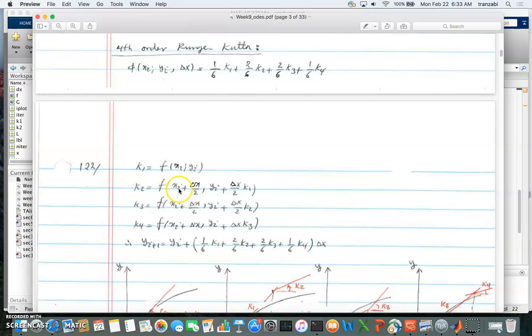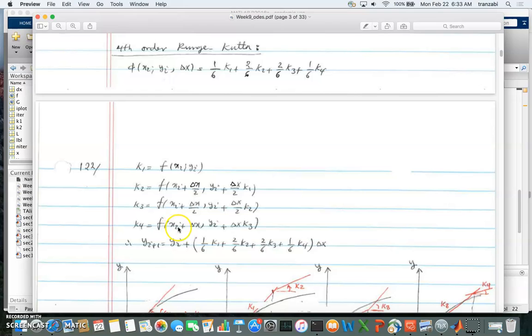We evaluate at xi plus half delta x, and then yi plus half delta x times k1 for y. This is going to be k2. For k3, we still do xi plus half delta x, but on the yi side, we do half delta x times k2. This goes to the y value and gives us k3.